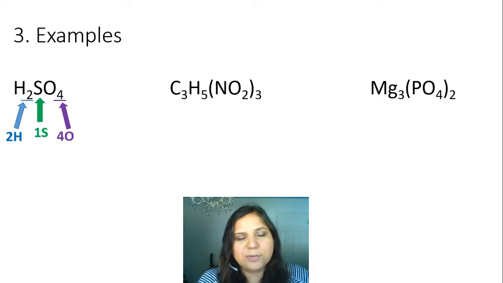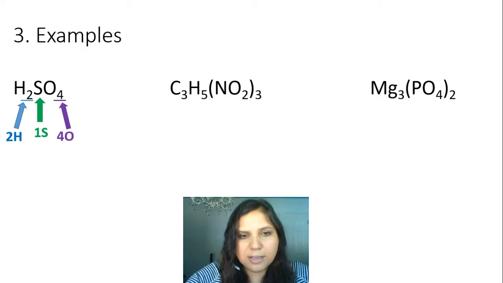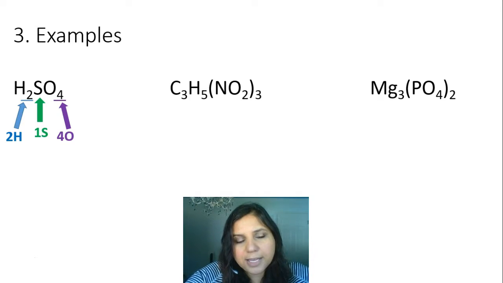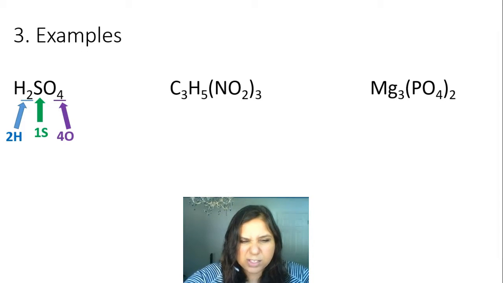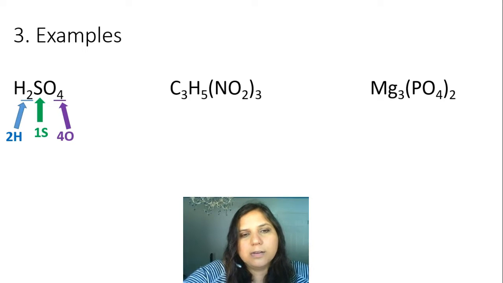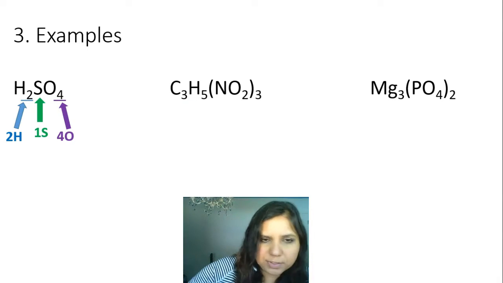Our next chemical formula, C3H5 and then parentheses, NO2 with a 3 outside the parentheses, that's a little bit different because now we're dealing with parentheses. That kind of helps us to figure out what the formula looks like later, so the structure of the atom. For now, we're just going to learn how to use the parentheses. So let's start with this one.